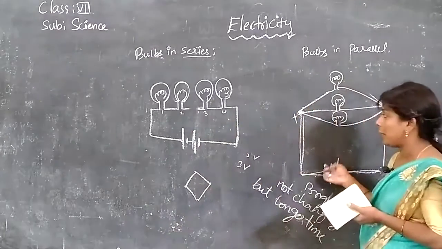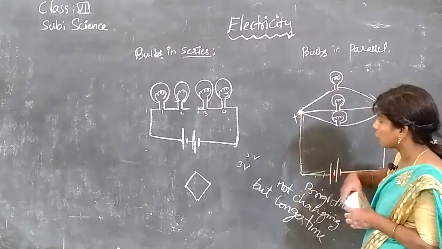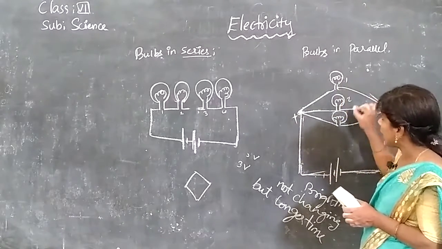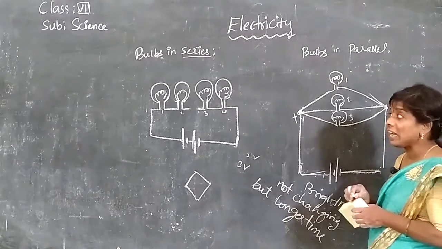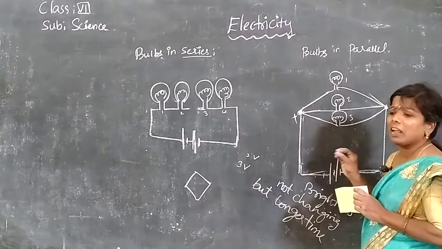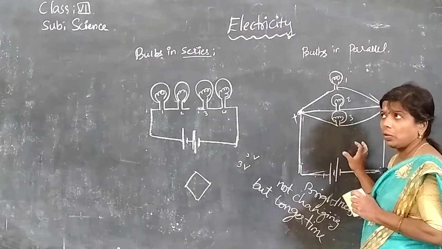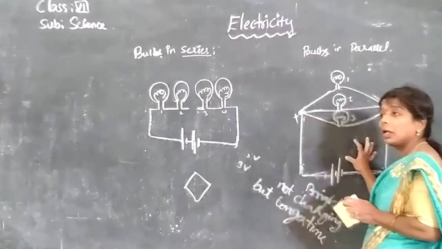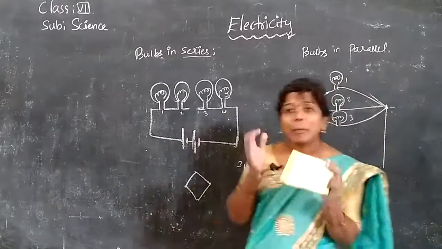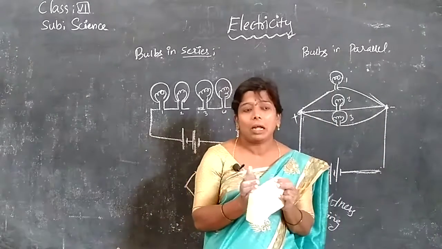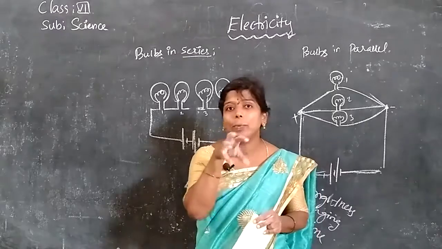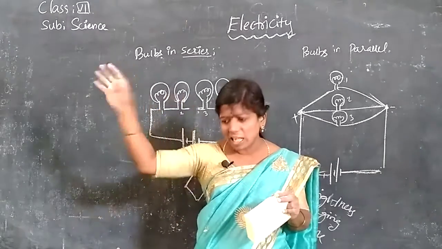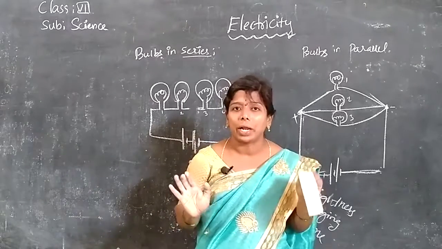Coming to this point, the first, second, third bulbs, think of the rice quantity. Some people in some families say, whoever comes, let them come, I will eat my quantity.